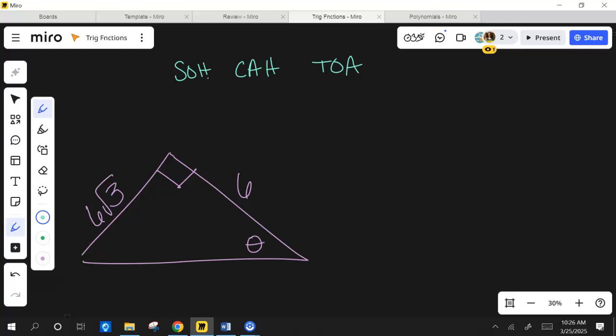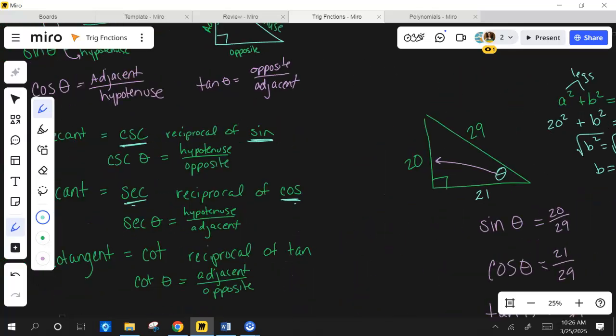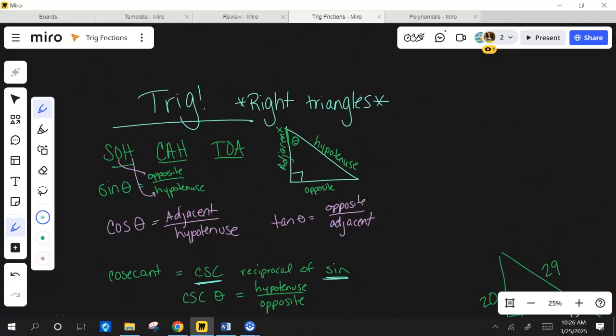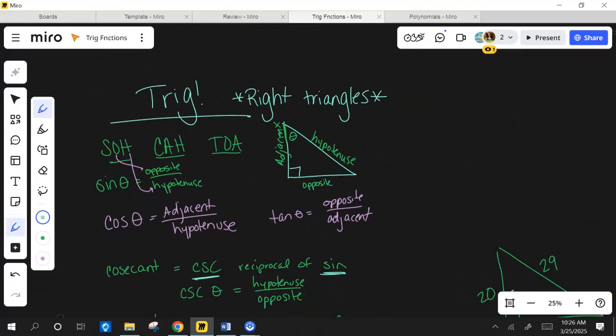Sine is opposite over hypotenuse. Cosine is adjacent over hypotenuse. Tangent, Armando, you asked me this and you're not listening. Tangent is opposite over adjacent.